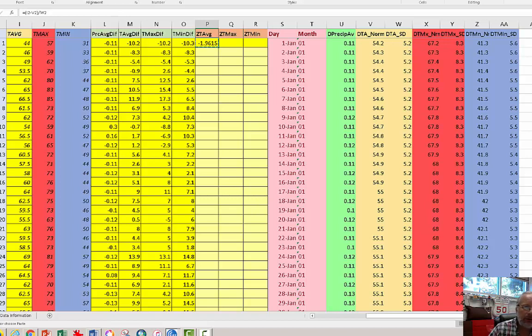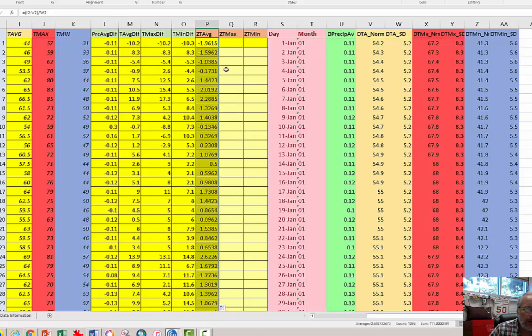So I'm going to press Control-C and copy that formula to the rest of the column, and we will see that on those days, if we take an example here of a day that the temperature average was only 1 degree above the climate normals, the z-value is very small.